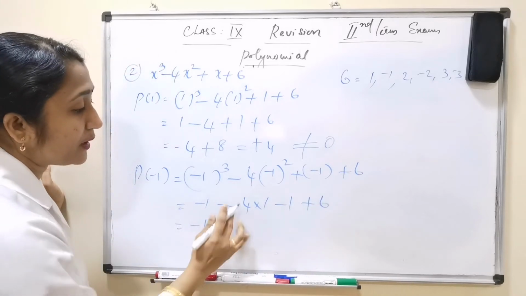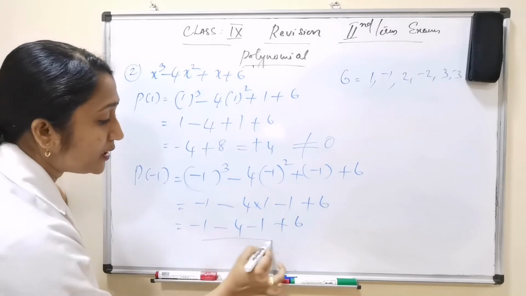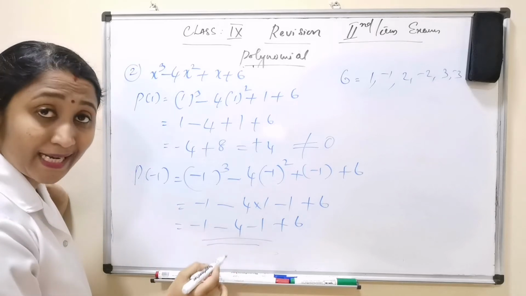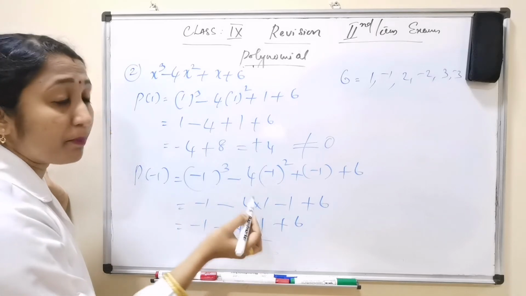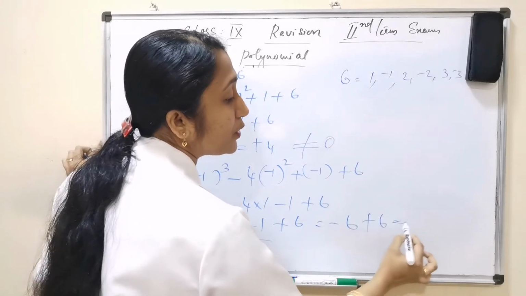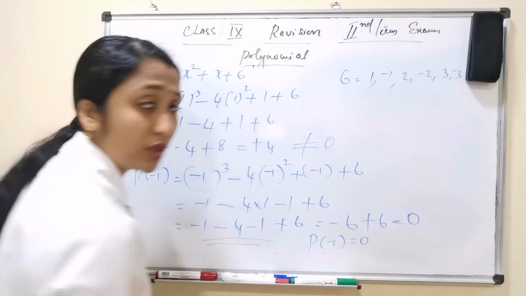This is minus 1 minus 4 minus 1 plus 6. Look at this, these three are negative. So that is minus 1 plus minus 4 is minus 5, minus 5 minus 1 is minus 6. So minus 6 plus 6 equal to 0. So here we got P of minus 1 equal to 0.